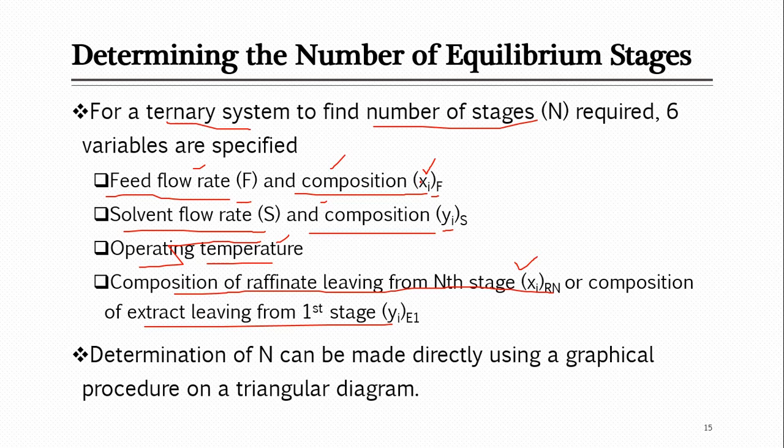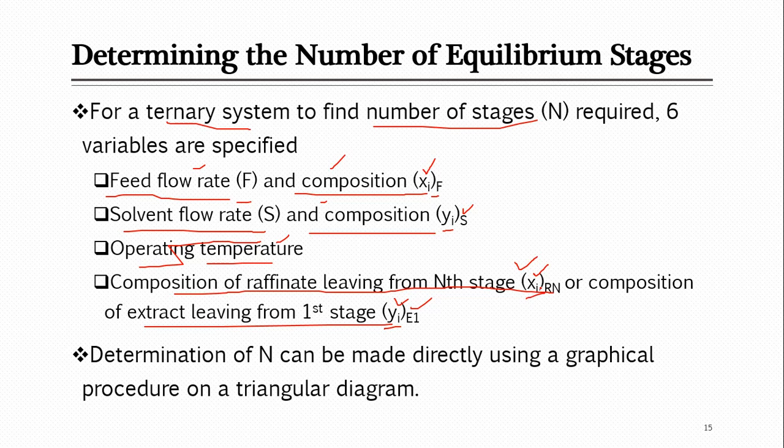So xi is the mass fraction of any component of the feed, and yi is the mass fraction of any component which is part of the solvent stream. And you know that the solvent-rich stream becomes extract. So here we have shown this yi and xi, where the raffinate feed is the carrier-rich feed.